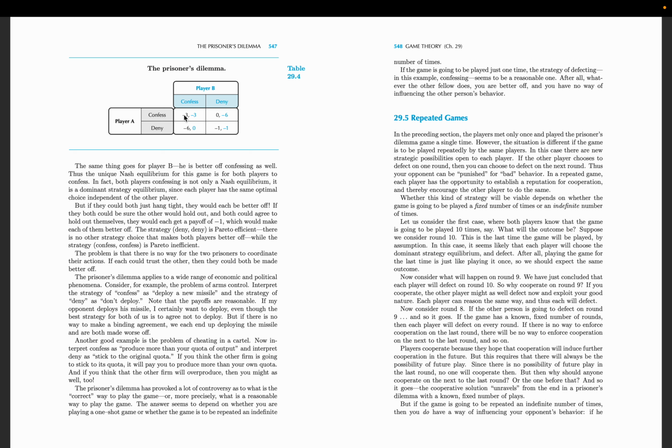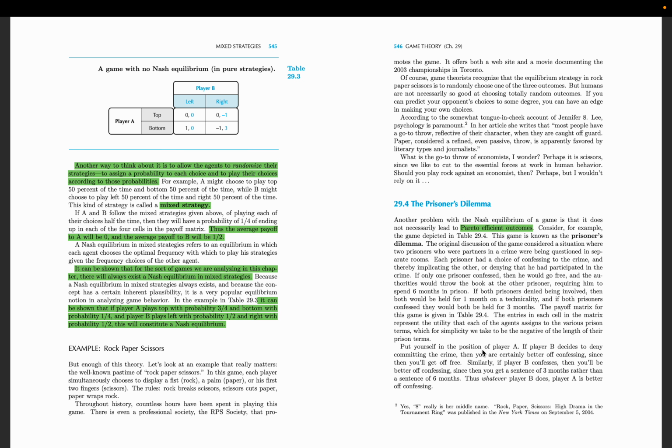If both of them confess, each has to face 3 months in prison, depicted as the negative of the term. And if both of them deny, they are held for 1 month on a technicality, and hence each of their 1 month jail terms is expressed as a negative 1.